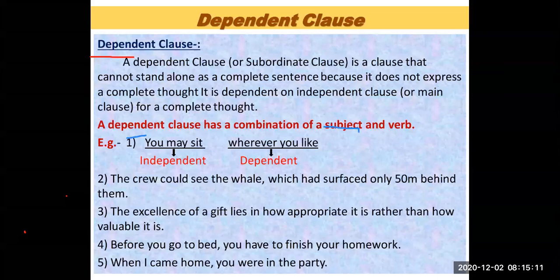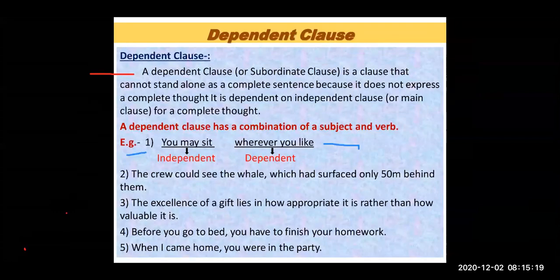This sentence is dependent on which clause? This independent clause. So when we add this main clause, you may sit wherever you like, then the sentence is completed. Okay, now let's see the second example.